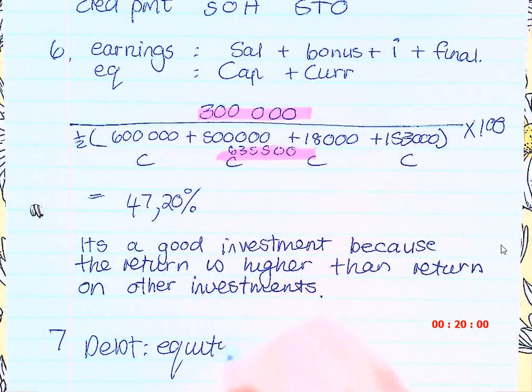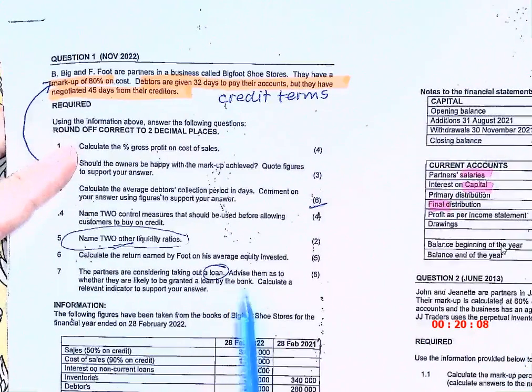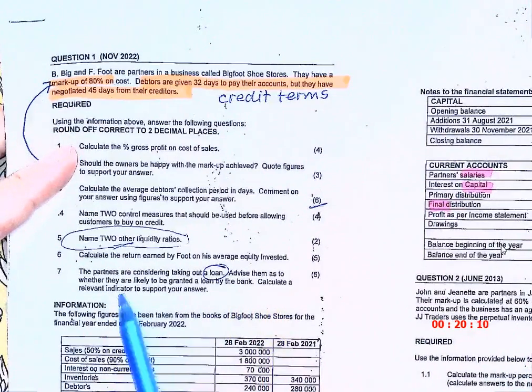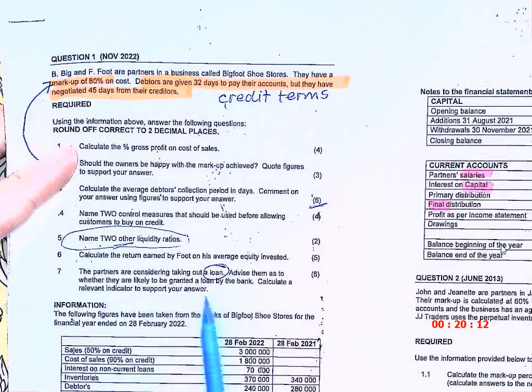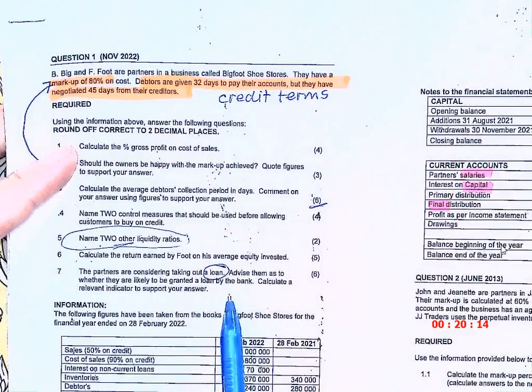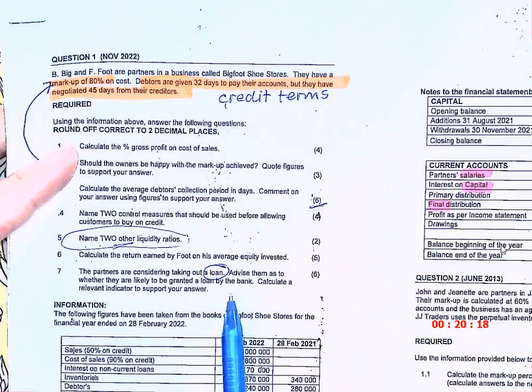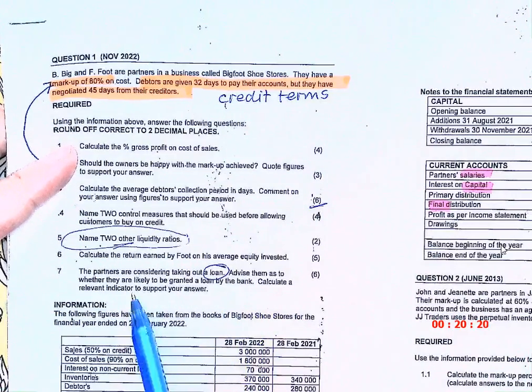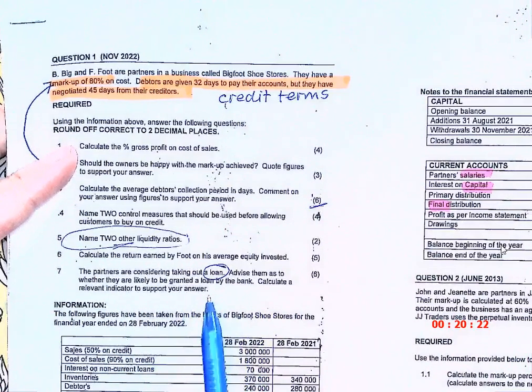They can either ask you to calculate it or comment on it. They say, advise them as to whether they are likely to be granted a loan by the bank. Remember, we want less than 0.5 to 1. Calculate a relevant indicator to support your answer.